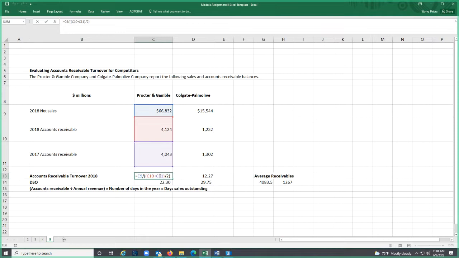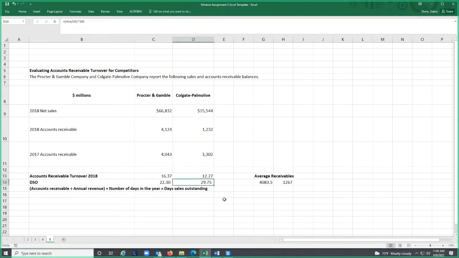Let's click on it. You can see that I did this another way right here, but I just wanted you to see what that was over there as far as the averages. So I took the net sales divided by the average accounts receivable, and you can see I added C10 and C11 and divided by 2. And I got 16.37, and the same was true there.